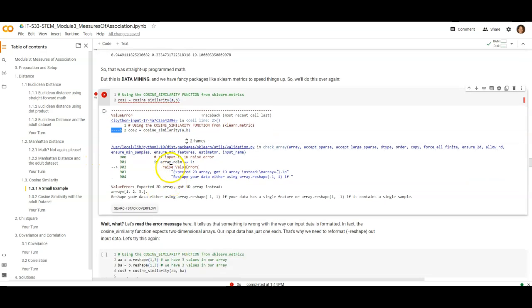And the problem is expected a 2D array got a 1D array, D for dimension, two-dimensional array got a one-dimensional array instead, and reshape your data either using array.reshape if, okay, your data has a single feature, or array.reshape 1 minus 1 if it contains a single sample.